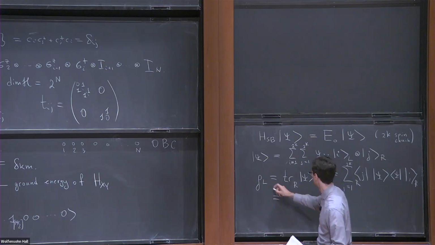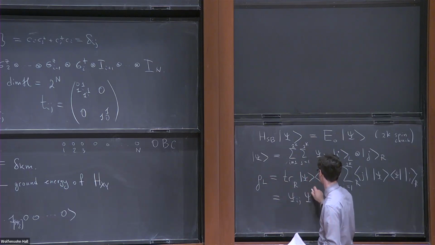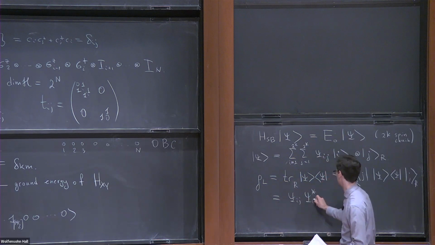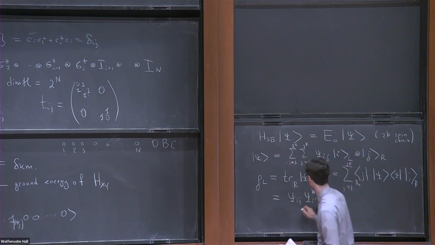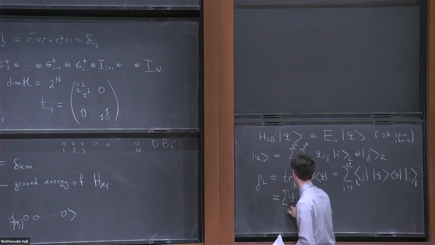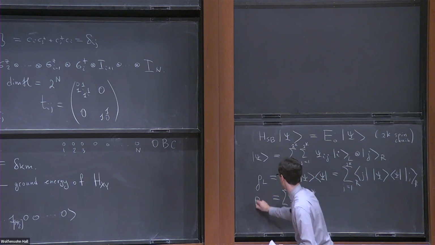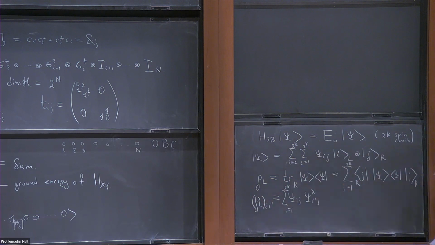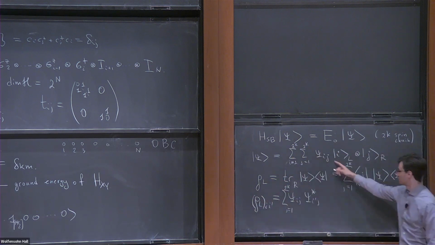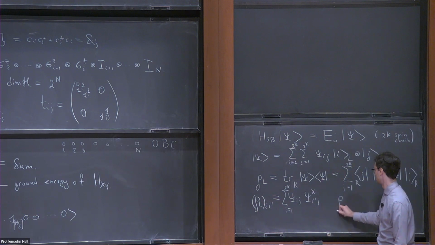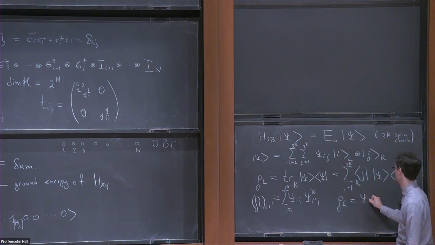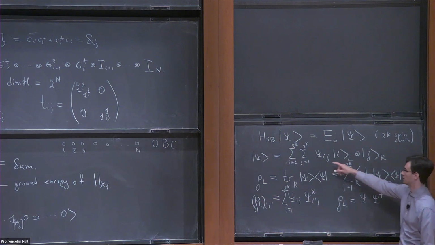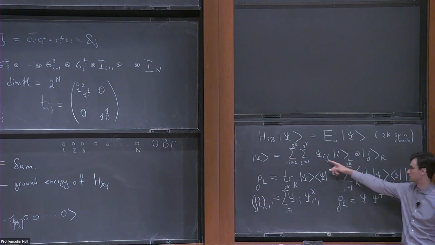So it's going to be psi ij psi star i prime j, summed over j. So rho L i i prime. Or in a short notation, rho L is psi psi dagger, where psi is my state.